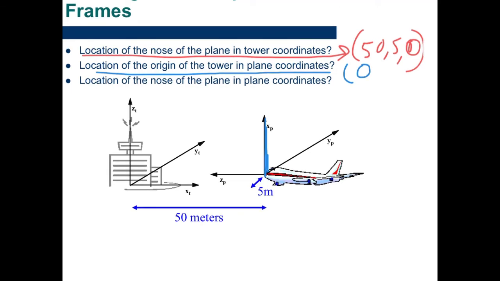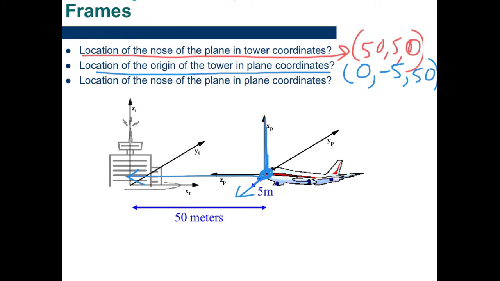And let's see, the origin of the tower is closer to us than the nose of the plane, so it's 5 meters in this direction, but that's the negative y direction. So we have to say -5 here. And then for the last coordinate, we start at the nose of the plane, and we need to go 50 meters along the positive z-axis, so that's 0, -5, 50.